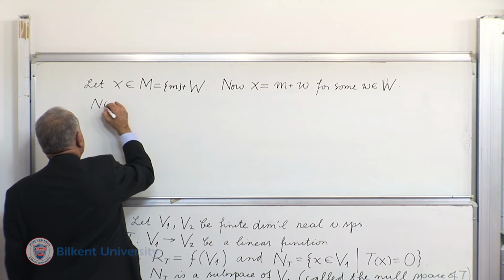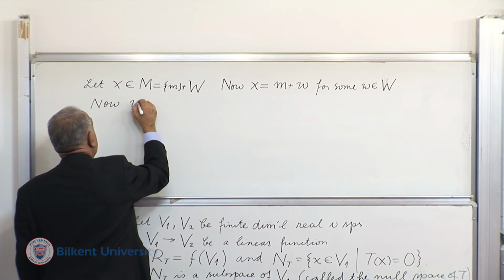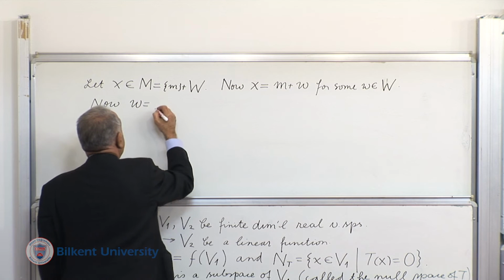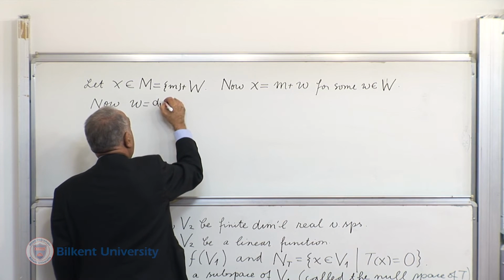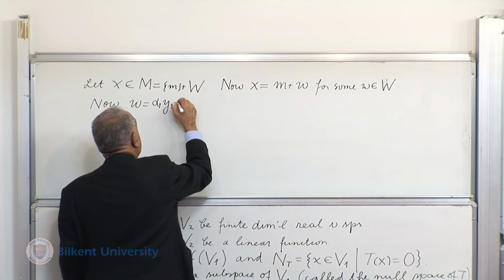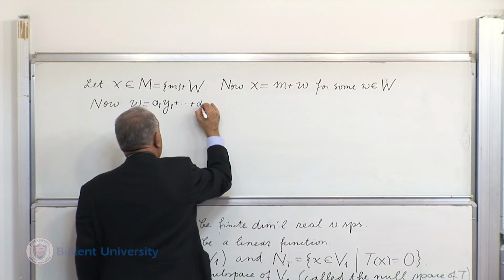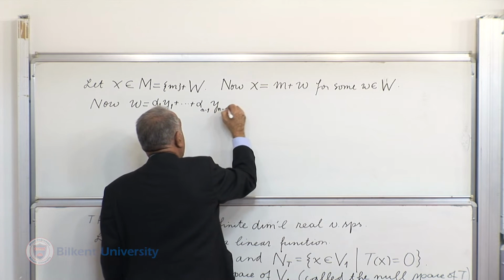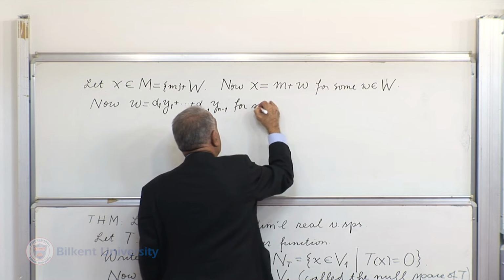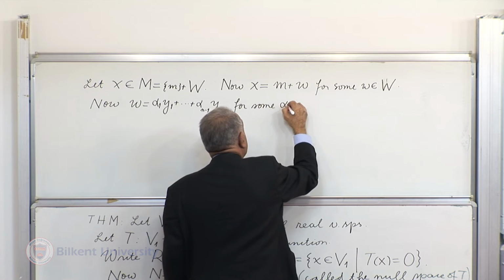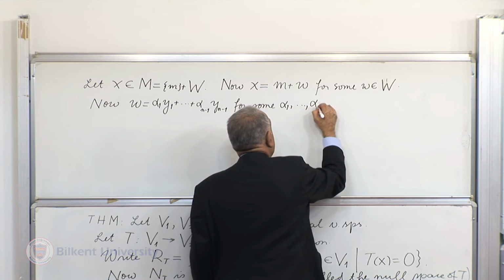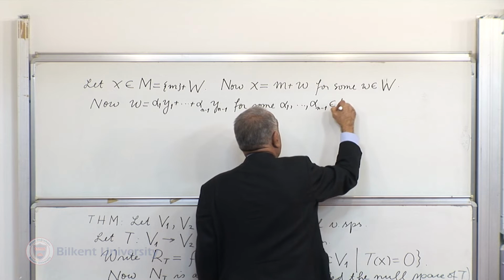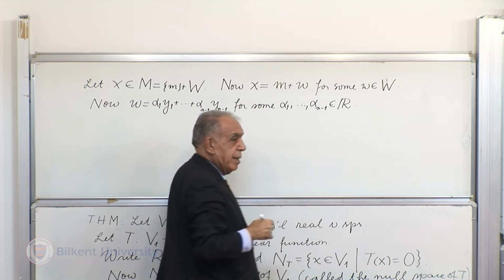Now, w is equal to alpha 1 y1 plus ... plus alpha n minus 1 yn minus 1 for some real numbers alpha 1 up to alpha n minus 1.